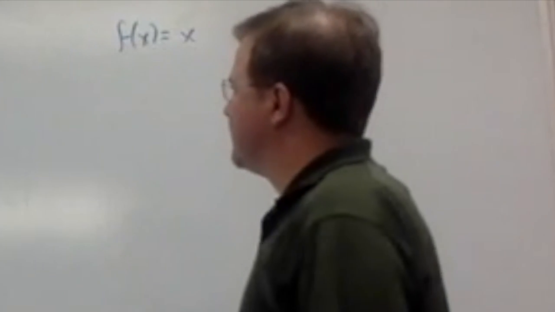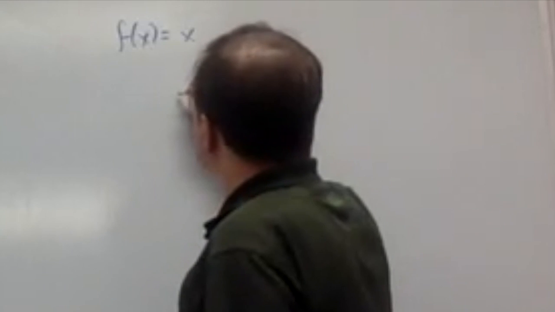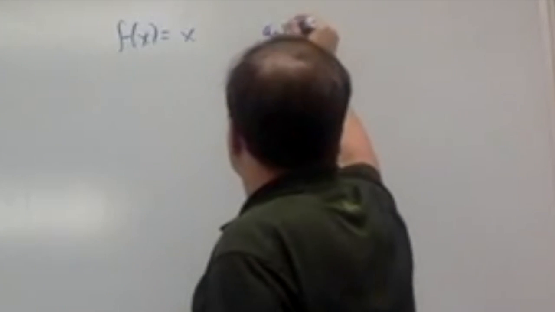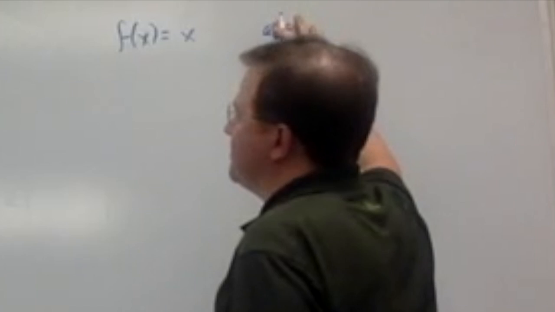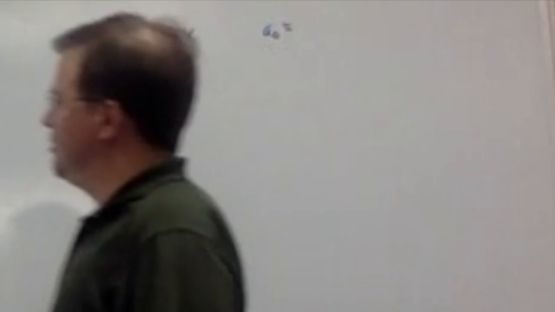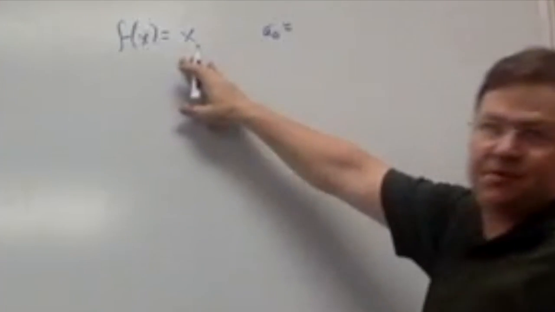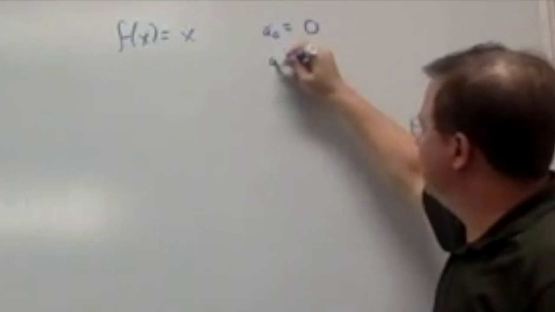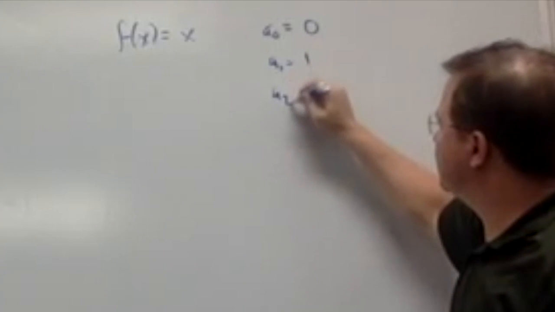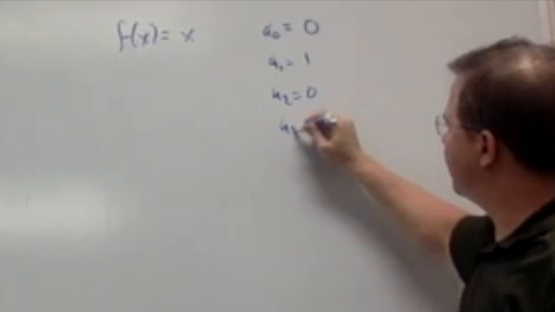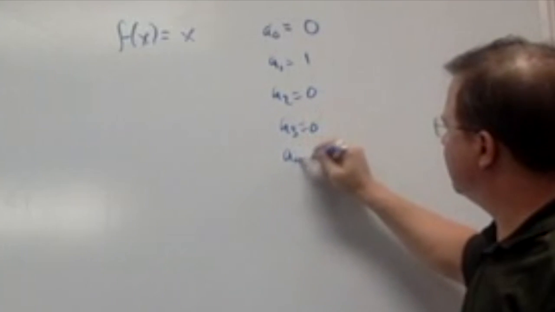I should be starting at 0 so that I have a constant term. This would be a power series with a sub 0 equal to 0, a sub 1 equal to 1, a sub 2 equal to 0, a sub 3 equal to 0, a sub 4 equal to 0.